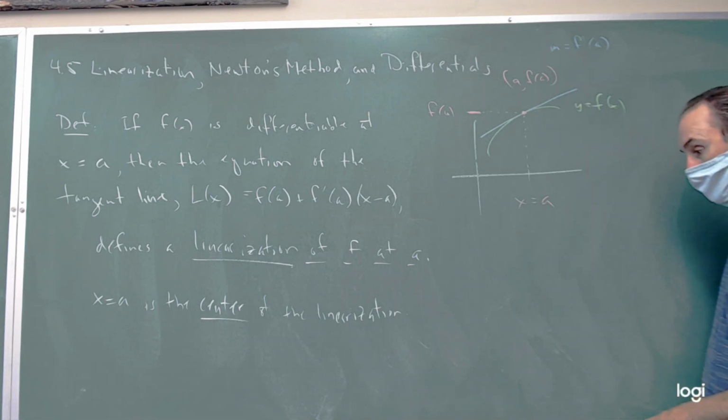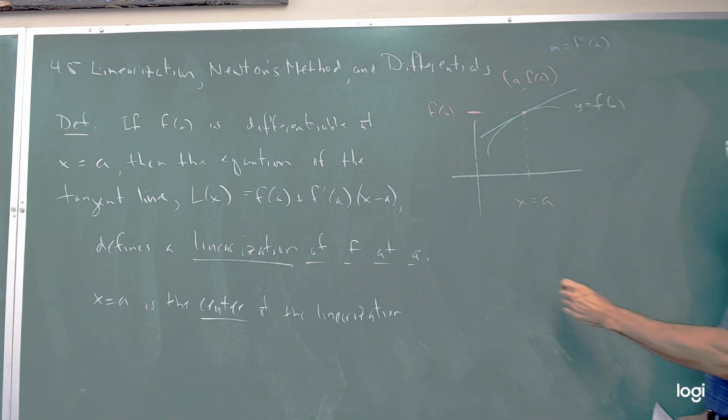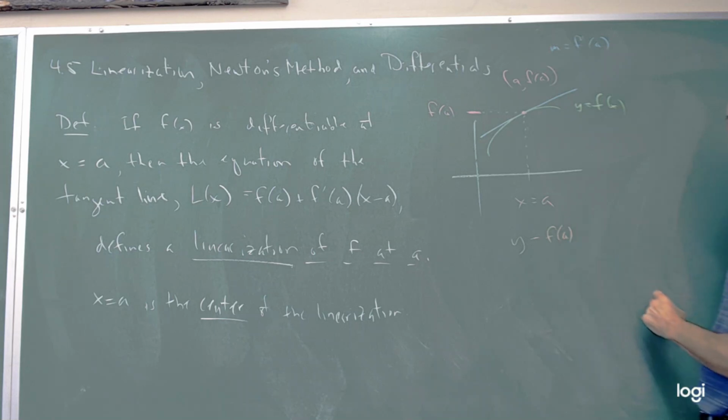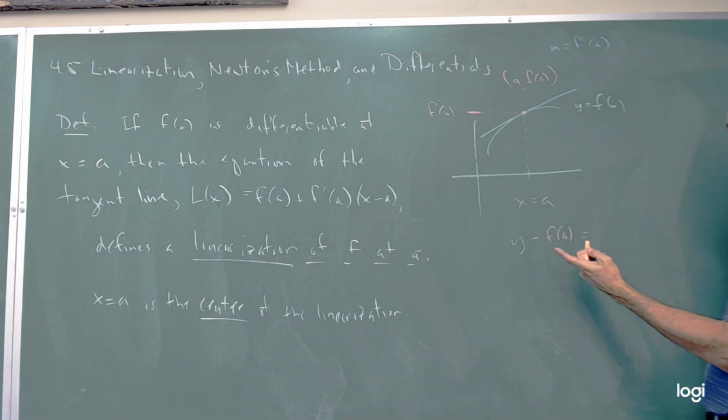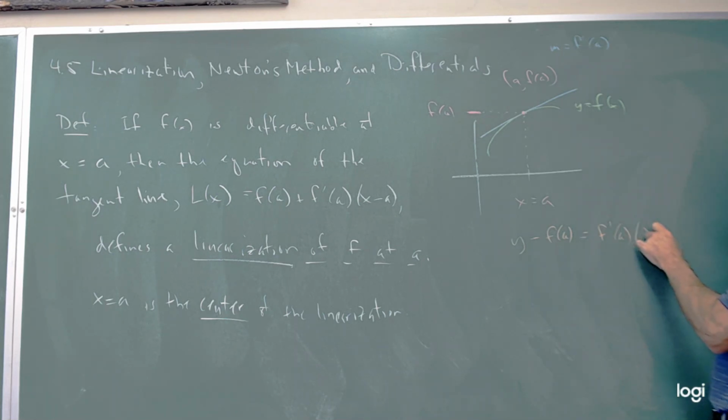Now we have the point, we have the slope, so the tangent line is y minus the y coordinate, y minus f of a, is the slope, which we said is f prime of a, times x minus the x coordinate, which is a. So a lot of notation, but an old idea.